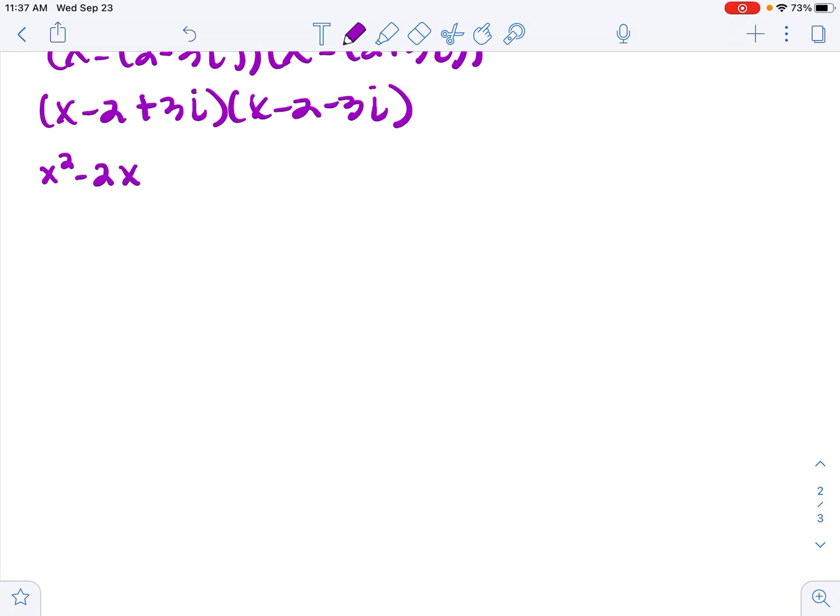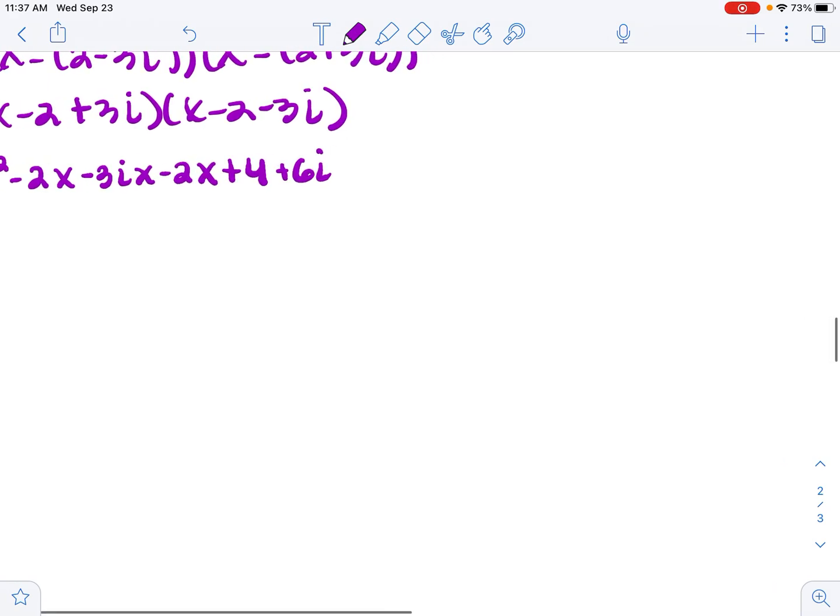That's x squared minus 2x minus 3ix. Distribute your negative 2: negative 2x plus 4 plus 6i. Distribute your 3i: plus 3ix minus 6i minus 9i squared.